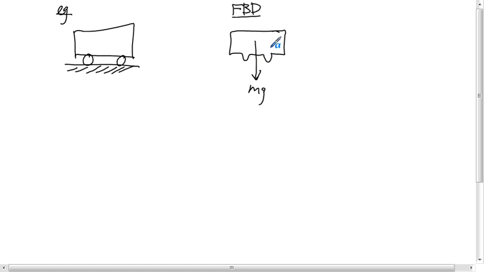So the force acting on the cart is going to be perpendicular to the floor, and it's going to be toward the cart, away from the floor. So which direction is that? Up or down? Up. Yep, exactly.